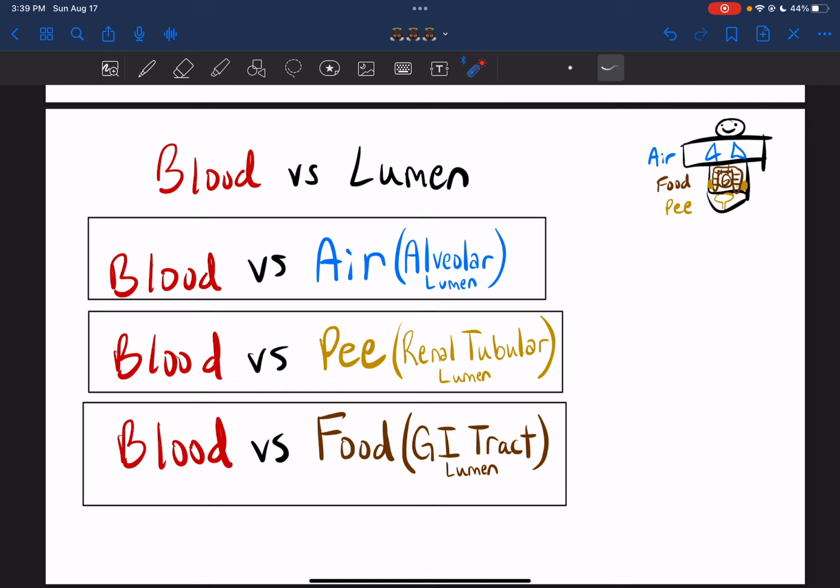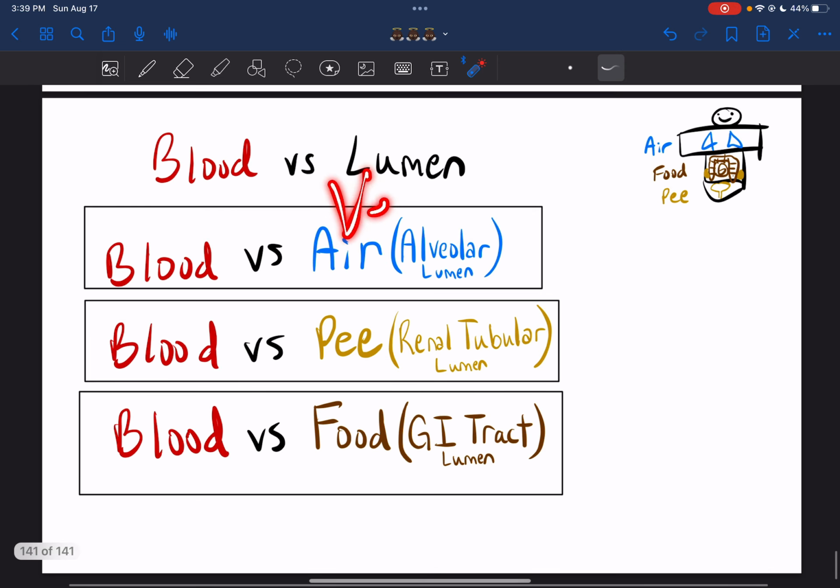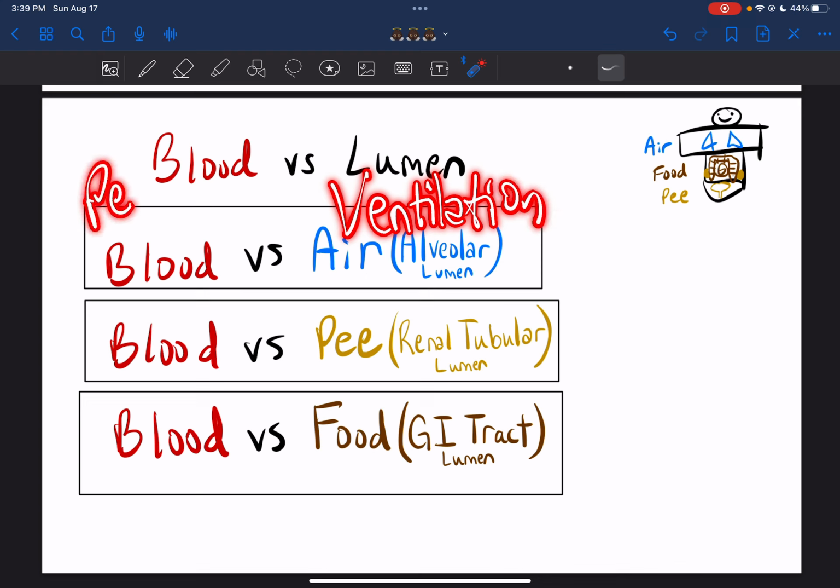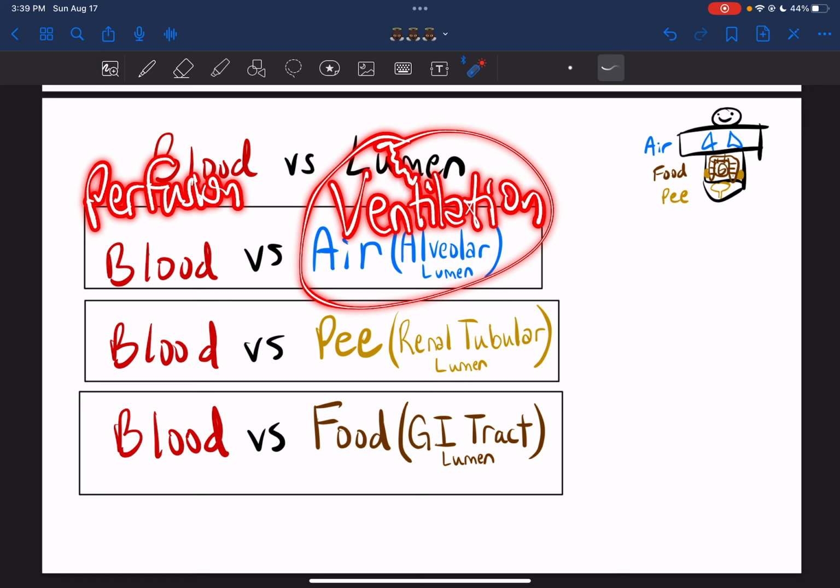We also talk about ventilation and perfusion with the VQ scan or the VQ gradient, right? Ventilation means moving air, and perfusion means moving blood. So ventilation happens exclusively in the alveolar space. It has nothing to do with blood. Perfusion happens exclusively in the blood vessel space. It has nothing to do with air.